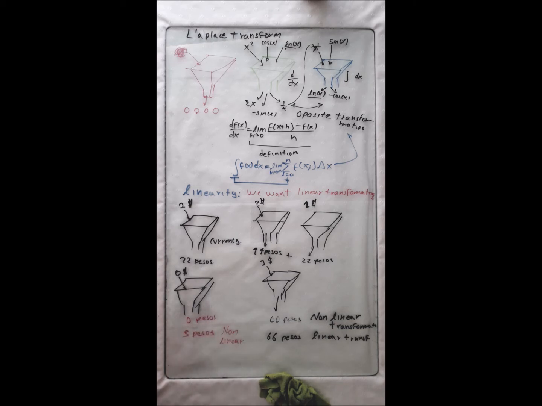It is expected because if you don't have $0, it's not possible that you get 5 pesos. You should get 0 pesos. So that is linear. The 0 in any currency, pesos, euros, dollars, should be the 0 in the other currencies.